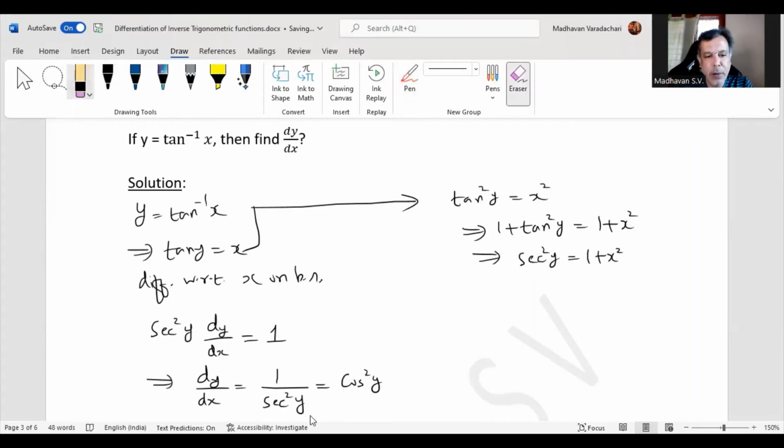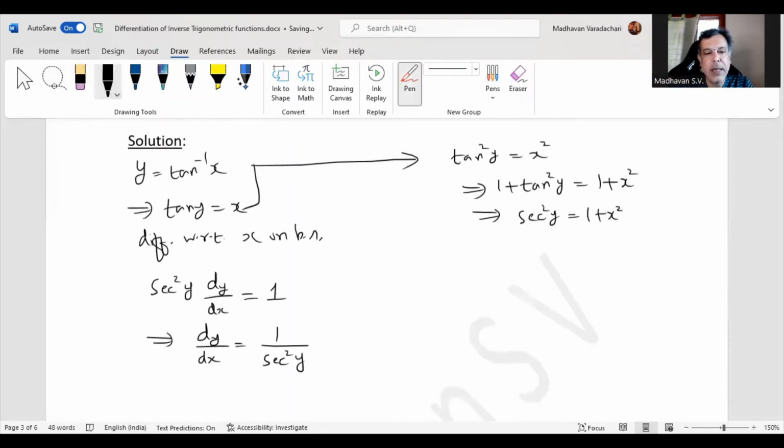So I think we don't need this cos square y. Directly we can substitute here as this is equal to 1 divided by 1 plus x square. Means if y is tan inverse of x, then dy by dx is 1 over 1 plus x square. That will be the derivative of tan inverse of x.